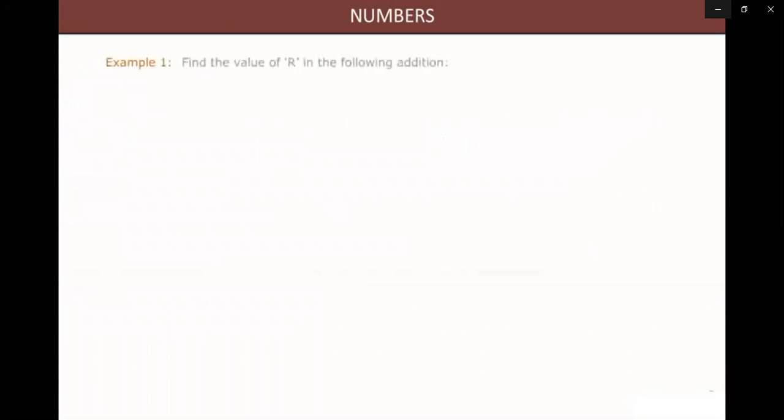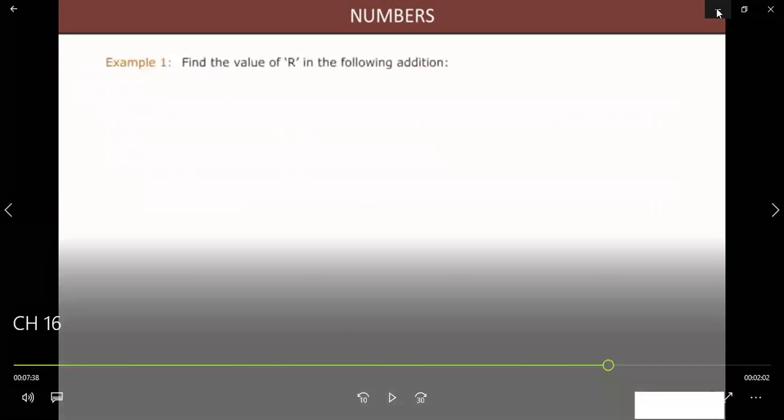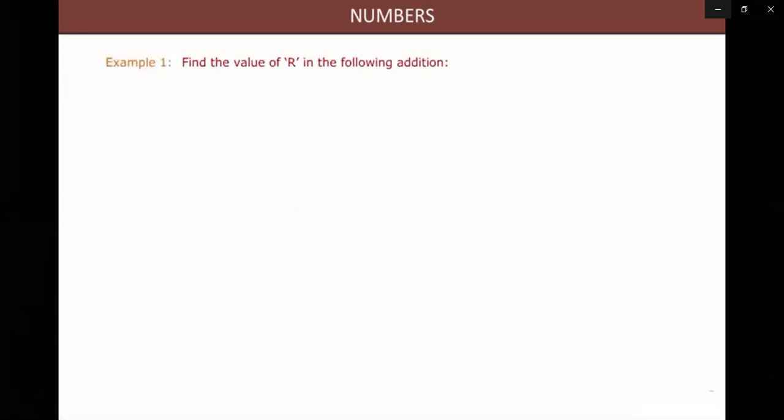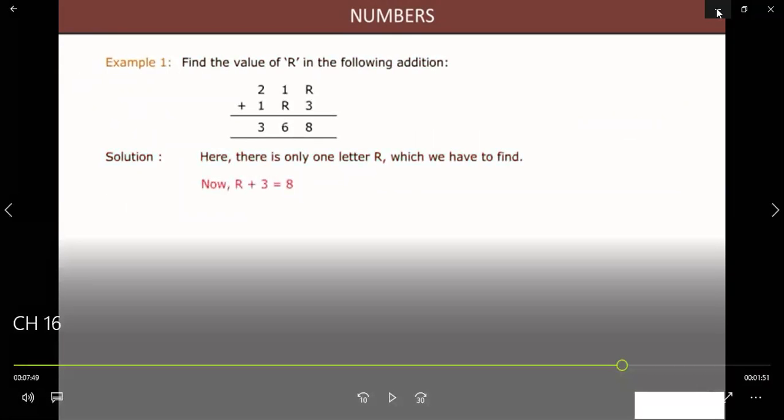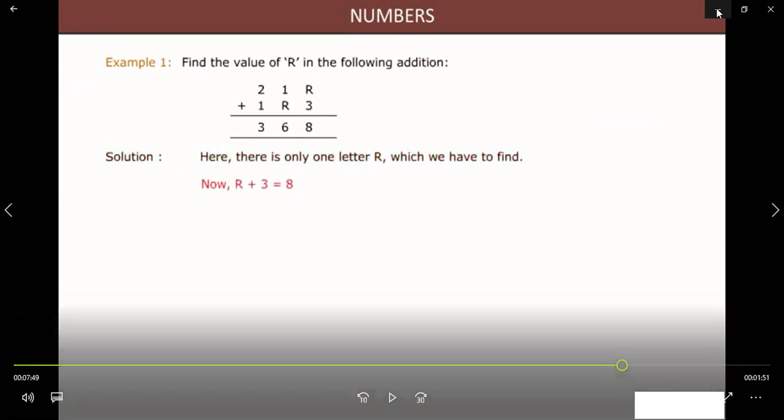Let's take an example to get a better idea of such puzzles. This is the question: you have to find the value of r in the following addition. So the arithmetic sum is given to you. You can see the solution over here, and you can solve it on your own also.